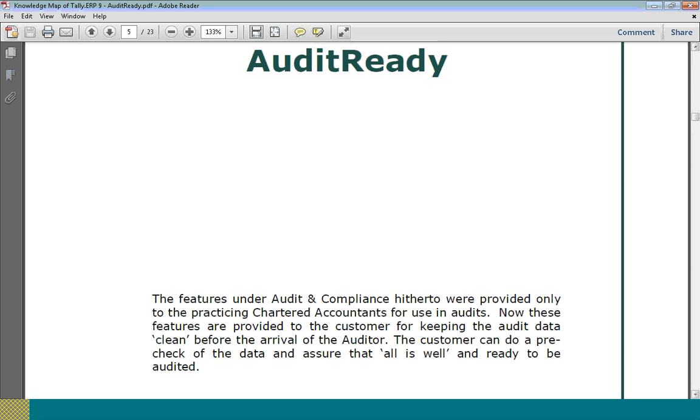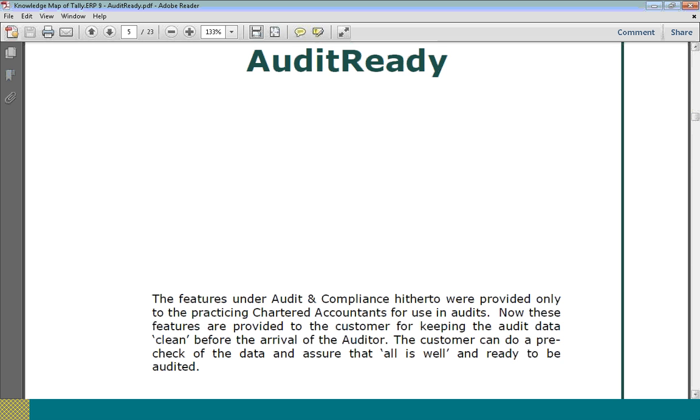The features, as you heard in Tally.ERP 9, the audit and compliance, which was earlier provided only to practicing chartered accountants for use in audits, are now provided to the customer for keeping the audit data clean before the arrival of the auditor. So the customer can do a pre-check of the data and assure that all is well and ready to be audited.